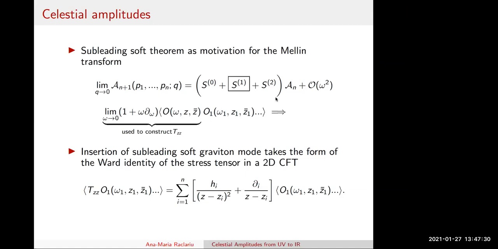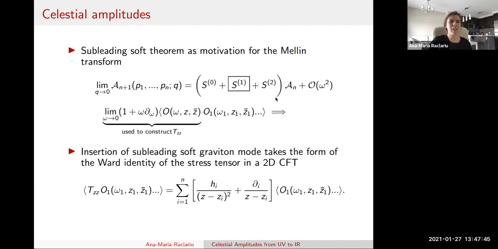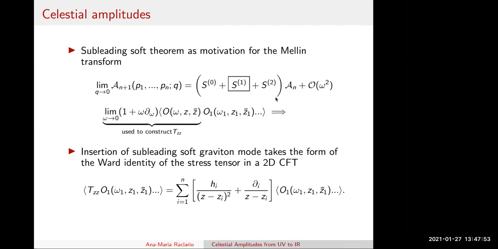I guess a question is: is the expression you're writing in some double expansion in powers of G Newton and energy, or what sort of expansion? Let me answer. First of all, perhaps since it's not super relevant for the talk, at tree level this is definitely a true statement. There are issues about loop corrections.